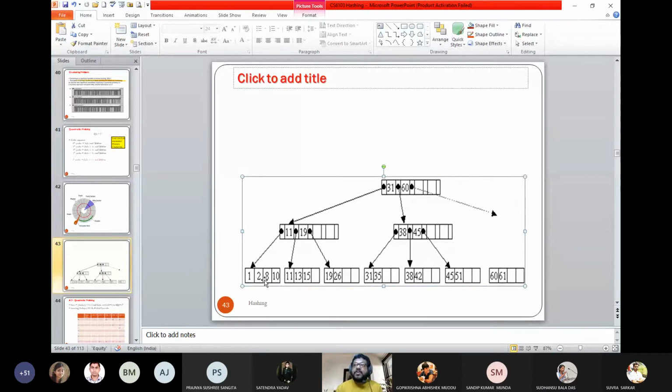We use the picture to explain to people, but how does it happen in the computer? Only when the block 1, 2, 8, 10 is loaded into main memory can I search and compare. It is loaded into main memory, which is a linear memory.